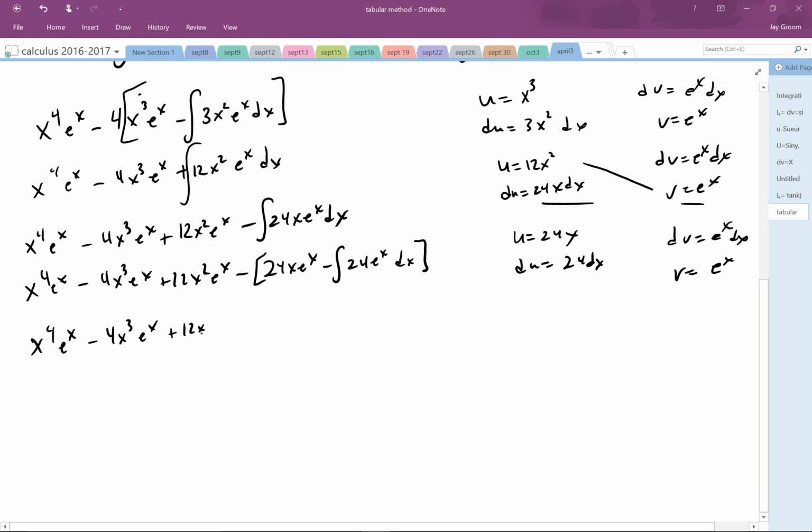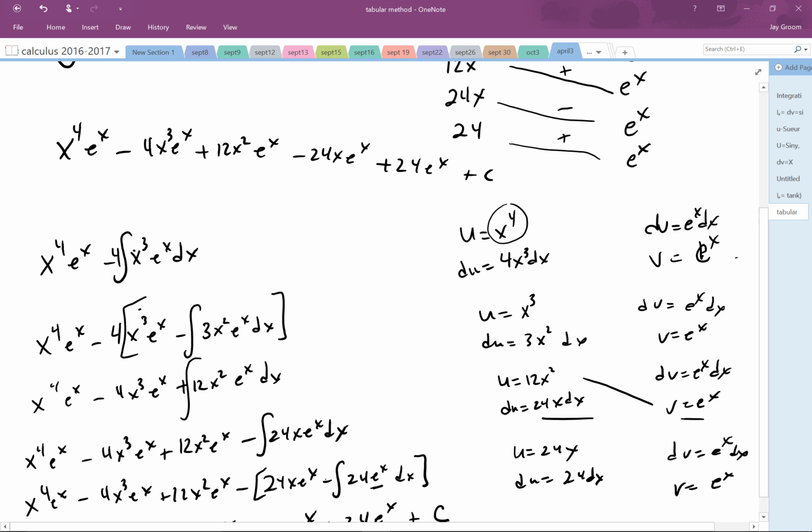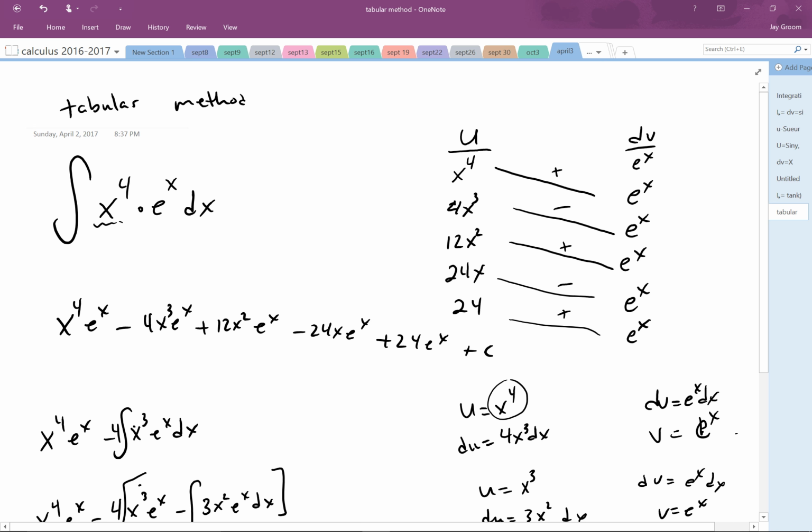Plus 12x squared e to the x, minus 24x e to the x. Negative, negative, positive 24 e to the x, because that's the antiderivative of that, plus c. Ta-da! But the tabular method is so much nicer on that problem.